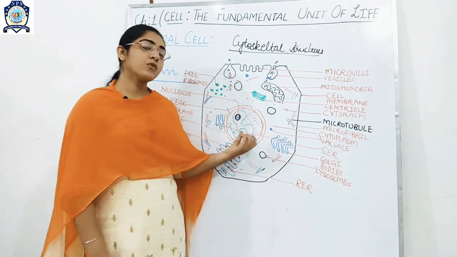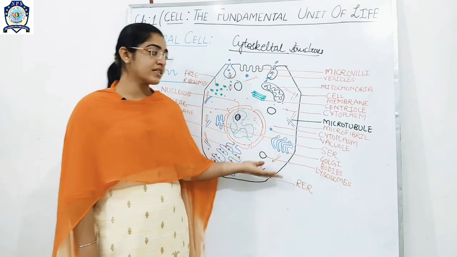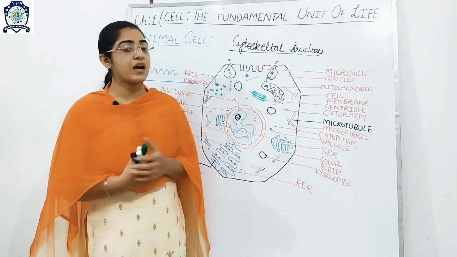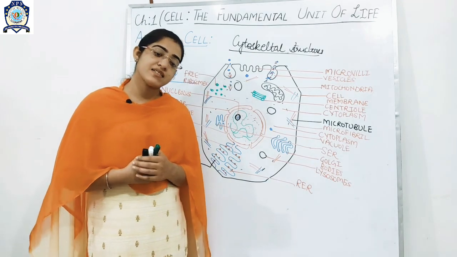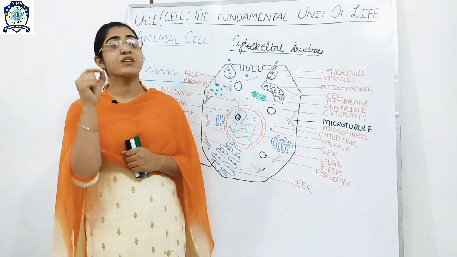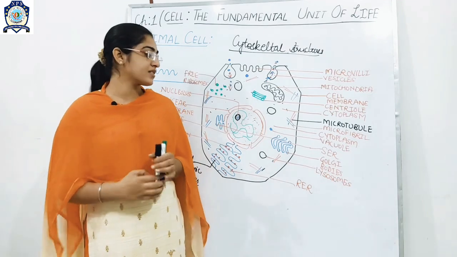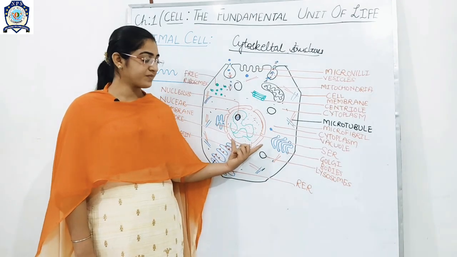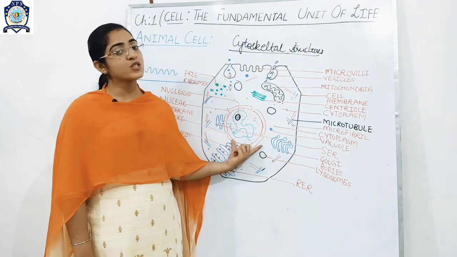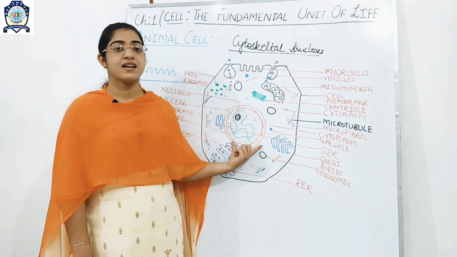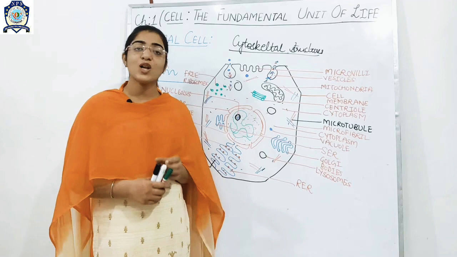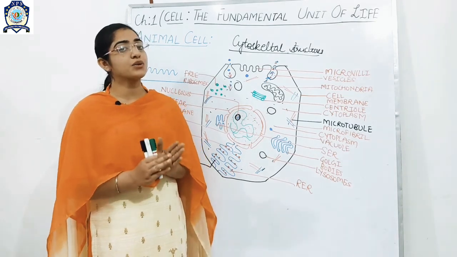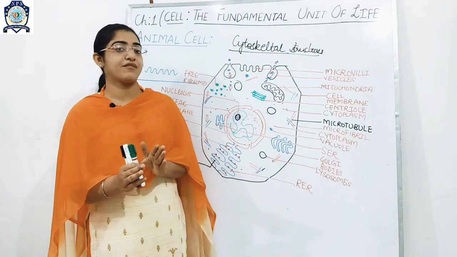From a competitive point of view also, you should know the difference between plant cell and animal cell. So, dear students, the first and main difference is that in the animal cell, the nucleus is present in the center, and in the plant cell the nucleus shifts to one side, or to the periphery.